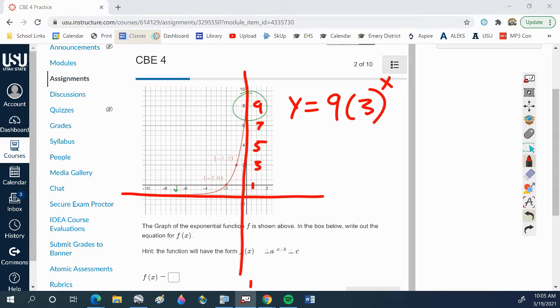And then how many 3's do I have to do to get rid of this 9? I need 2 3's to get rid of that 9. So this 9 can be recreated by moving the graph to the right 2. And then the whole thing just comes down 1. Way simple, but that's kind of hard.